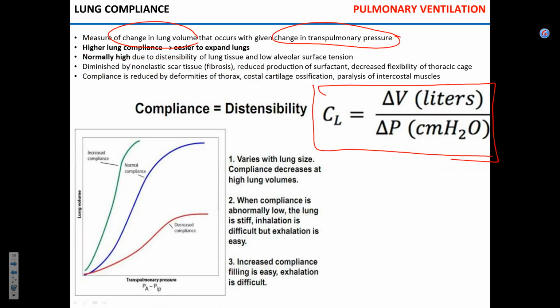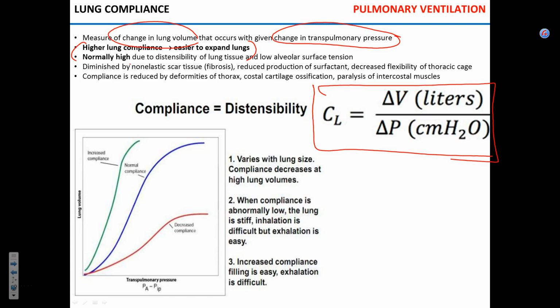So lung compliance basically tells you how much air, volume-wise, you're going to inhale at the given change of transpulmonary pressure. The higher the lung compliance, the easier it is to expand the lungs. The more air will get in your lungs at the given act of inhalation.